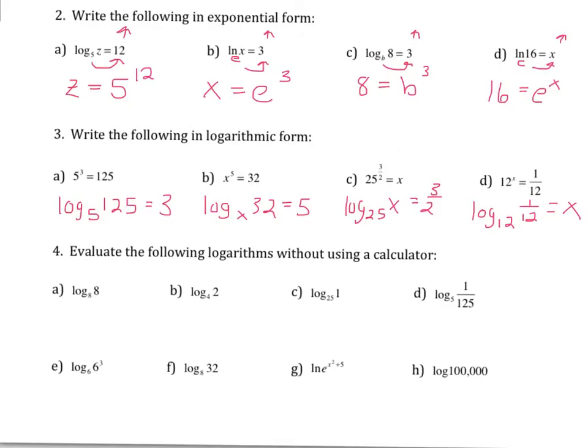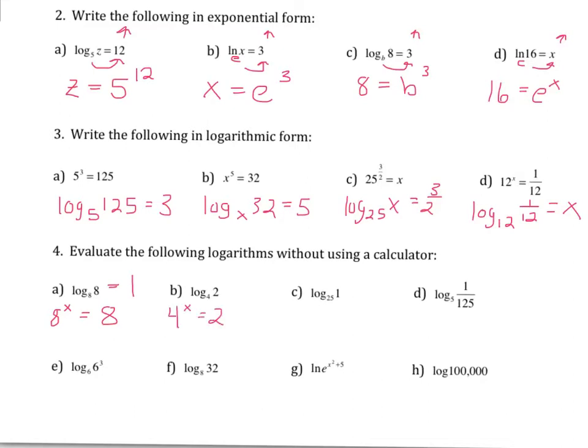For number 4, we want to evaluate the logarithms without a calculator. So when we evaluate a logarithm, we always want to ask ourselves, for example, in part A, 8 to the what power equals 8? And that answer would be 1. For part B, 4 to the what power would equal 2?